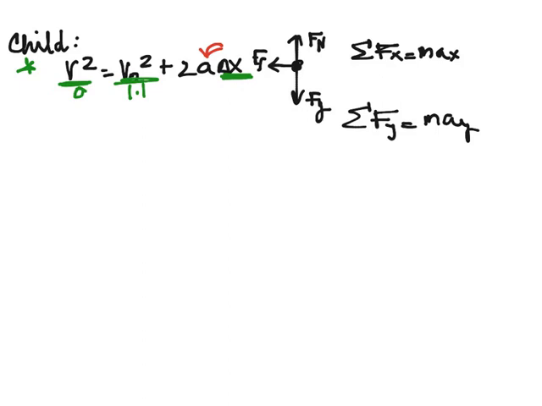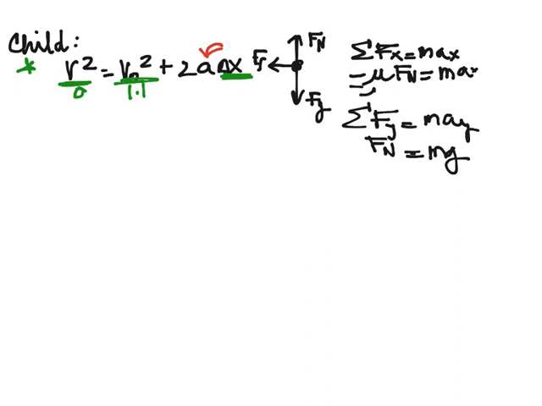Hopefully you can see at this point that Fn of the child will be equal to Fg, or mg of the child, and that in the x direction I have negative mu times Fn equal to max.